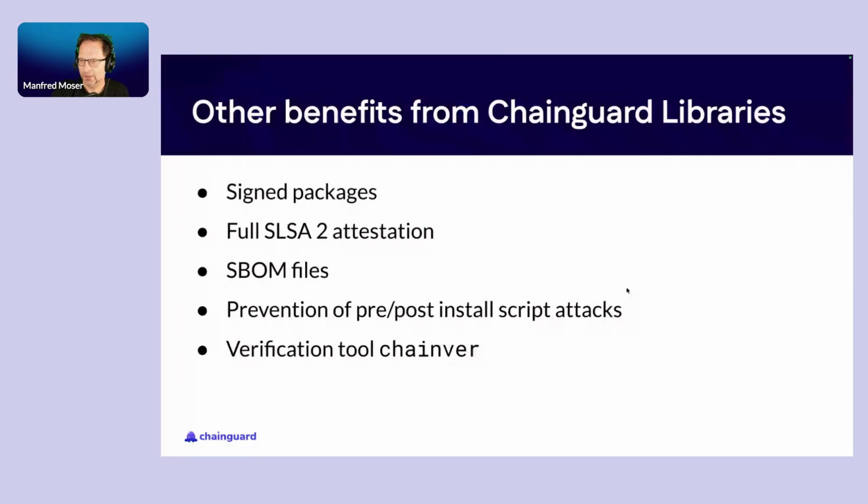So what other benefits do you get out of Chainguard Libraries? Well, all the packages, when we build them, we sign them. And that's sometimes important if you need to prove where those packages come from. We also add full SLSA level 2 attestation, which means there's information included like it was built from that specific Git commit on that specific Kubernetes cluster and worker node in our Chainguard factory.